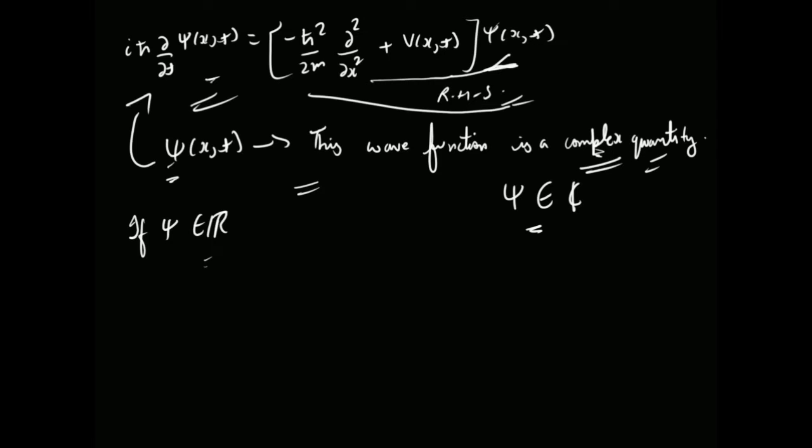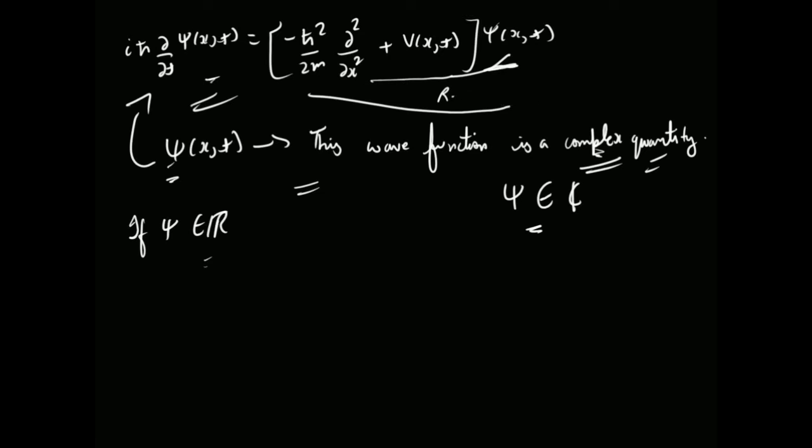On the left hand side, the derivative of psi with respect to t will also be real, but it is multiplied by iota, the imaginary number, so the left hand side becomes an imaginary quantity. So with one side real and the other imaginary, finding the solution of this wave equation becomes impossible.